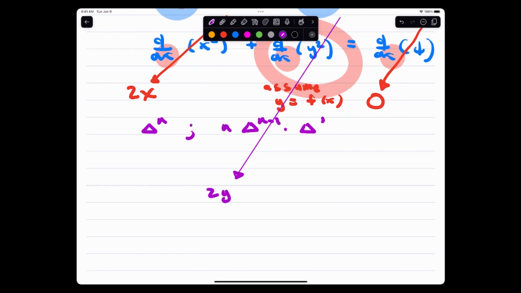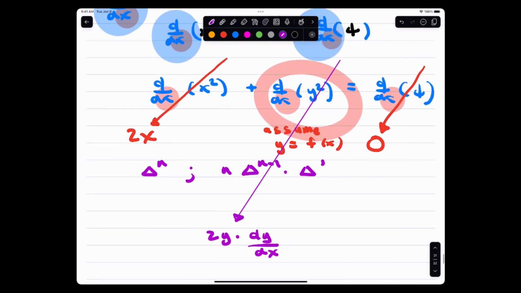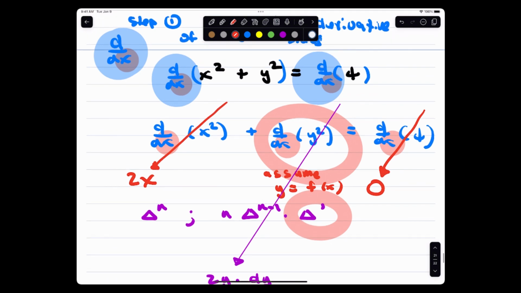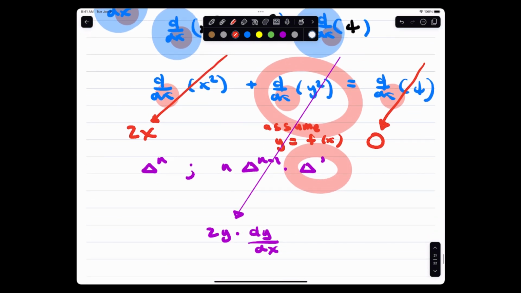Chain rule. That's 2y times dy dx, or y prime. This is by, again, what? Chain rule. Don't forget that. So an application of chain rule is implicit differentiation. You've got to know chain rule if you're going to do implicit differentiation.